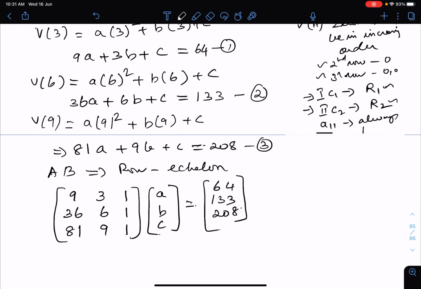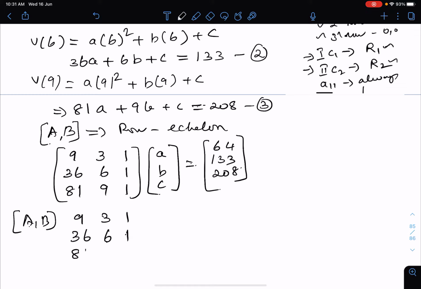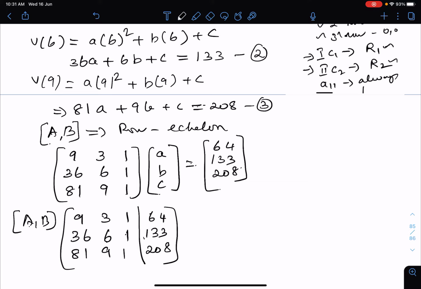Now we write our augmented matrix A comma B: 9 3 1, 36 6 1, 81 9 1, and the constants 64, 133, 208. So this is going to be our augmented matrix.